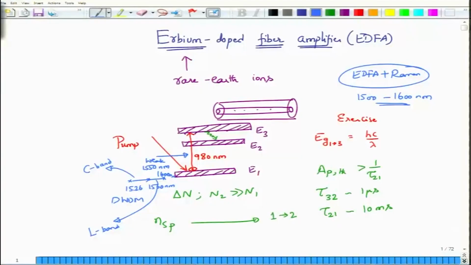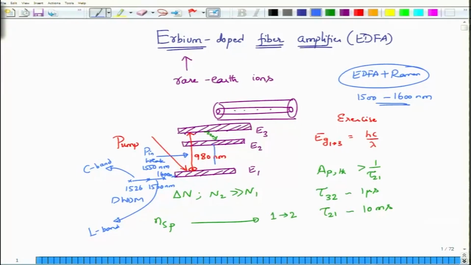Anyway, the erbium doped fiber amplifier itself has a gain cross section that goes roughly from 1526 to 1560. These numbers can slightly change depending on various factors, but this is the range over which you are actually supplying the weak optical signals here. And what will these weak optical signals do when you launch them with a certain launch power of P in?